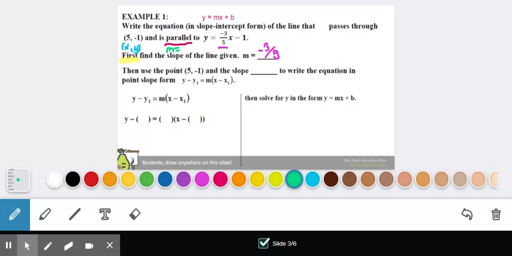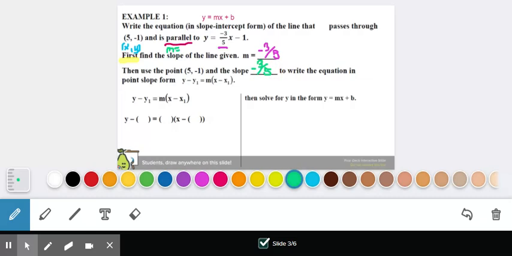So if my slope in my given line is -3/5, then my slope in my new line has to also be -3/5, because parallel lines have equal slopes. So that keyword parallel is a big deal here.